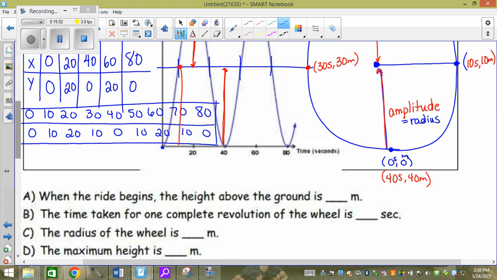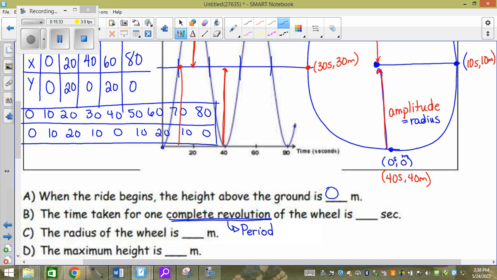Okay, so when the ride begins, the height above the ground is what? How far are we above the ground? How far does this start off the ground? 0. The time taken to complete one full revolution. Now this is the thing here. Complete a revolution is a fancy way of saying period. Because period is how long it takes to repeat itself for one full revolution, right?